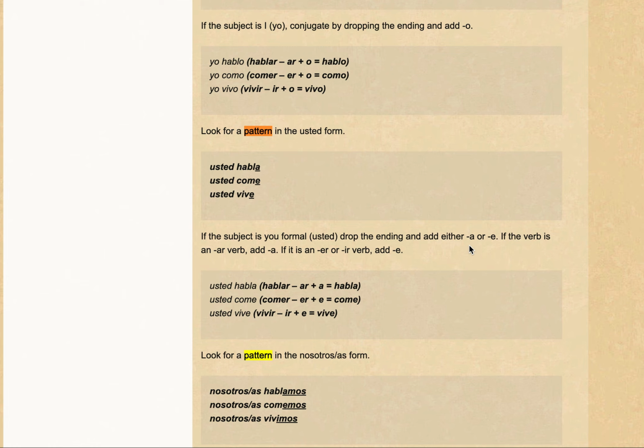Now an ER verb. Let's see where we have ER. Hablar is AR, just found out. Comer is ER.